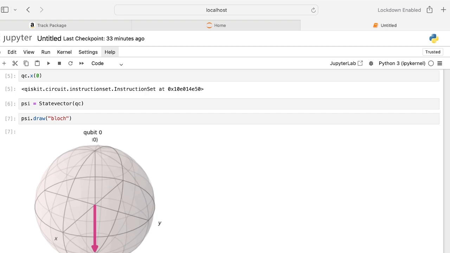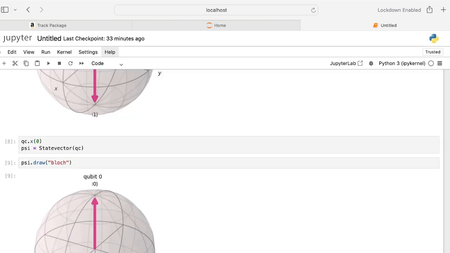And then we'll just turn it back into this state vector again. Good. So you see that the X gate is its own inverse, the quantum flip.